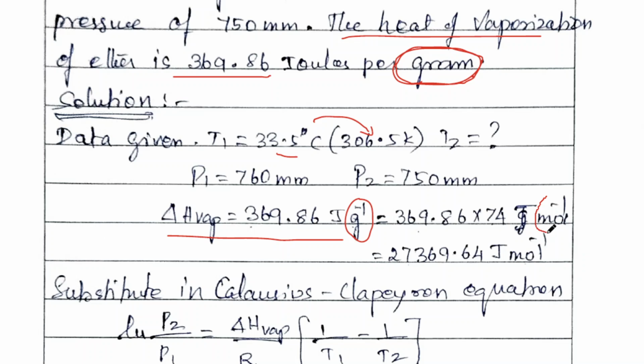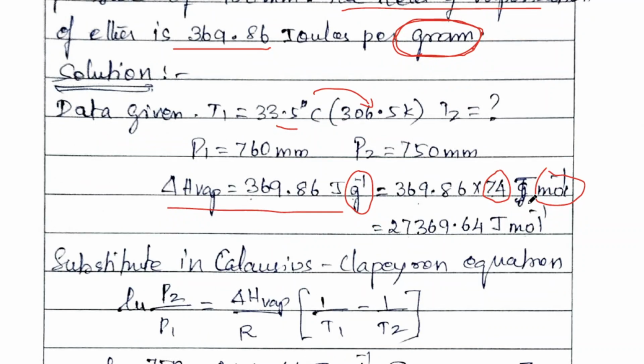To do that, we multiply by the molecular weight of ether, and we will get joule per mole. This is the value: 27369.64 joule per mole. Now we have converted joule per gram to joule per mole.